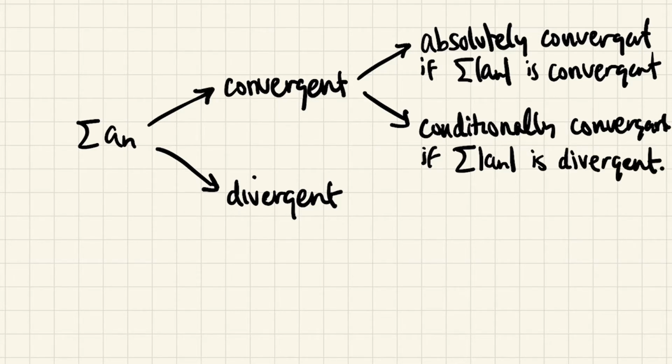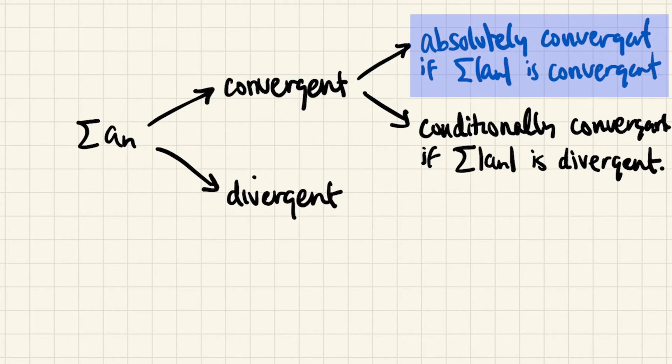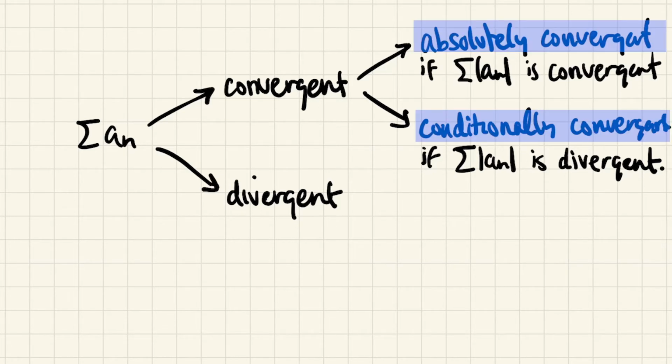So that's basically what we're looking at. If a series only has positive terms and it's convergent, then it's automatically absolutely convergent. So again, these two categories we really only talk about if we're dealing with some sort of alternating series.